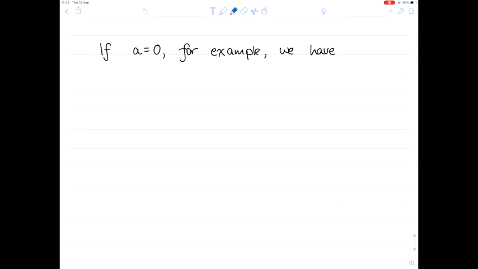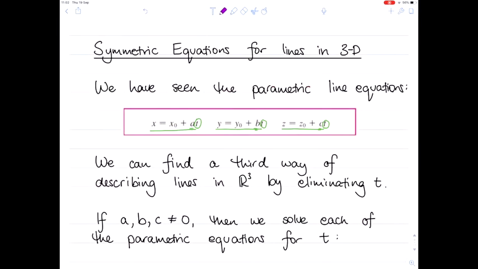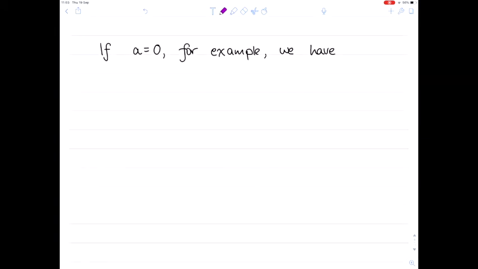So we need to deal with the case if, for example, a is equal to 0, then how do we find the symmetric equations? Well, if a is equal to 0, then having a look at this equation over here, we've just got x is equal to x naught. So that's going to be one of the equations.